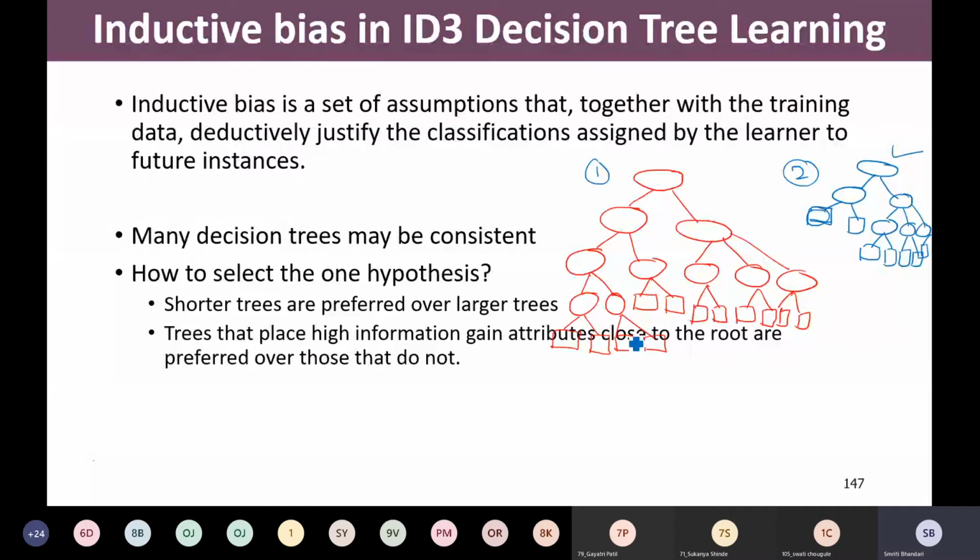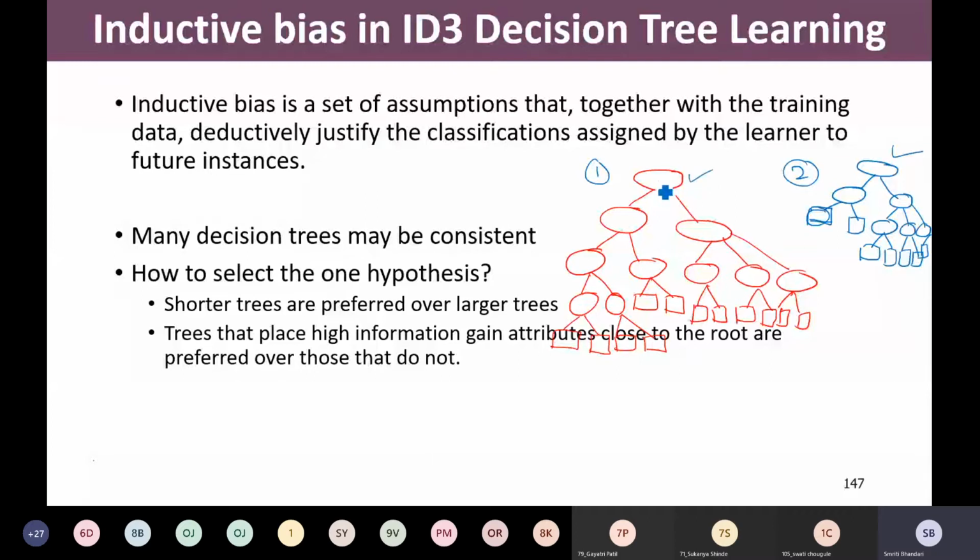The next inductive bias might be that trees that place high information gain attributes close to the root are preferred over those that do not. What we mean by that? See, for finding the decision trees, we are computing the information gains for all the attributes, right? So the trees that place high information gain attributes close to the root node. Here is my root node.